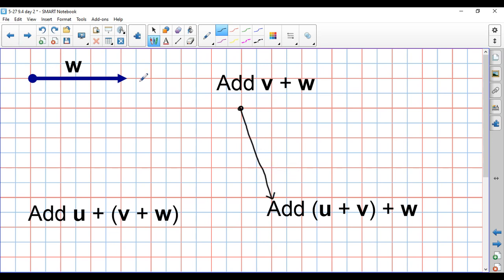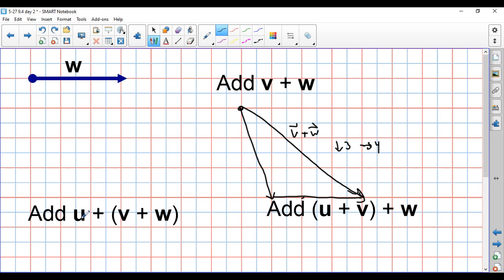W goes over 3 of these red marks. 1, 2, 3. Here's v plus w, the vector that starts here and goes down to there. So v plus w is a vector that goes down 3 and then right 1, 2, 3, 4.